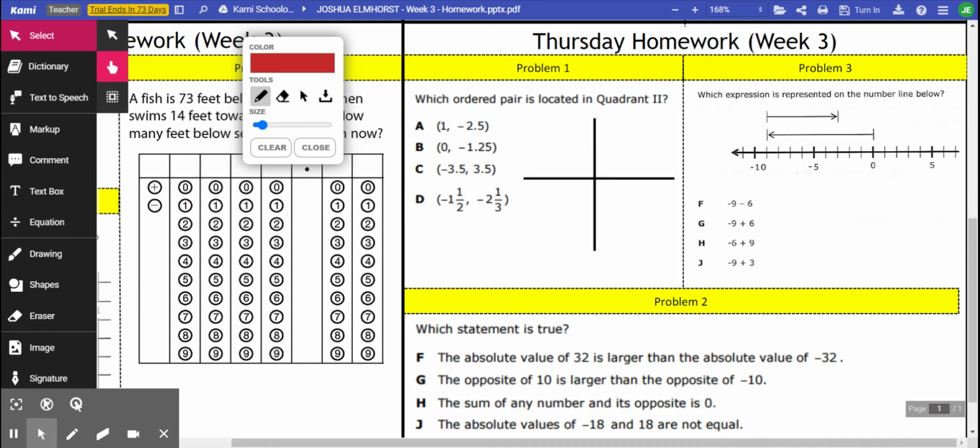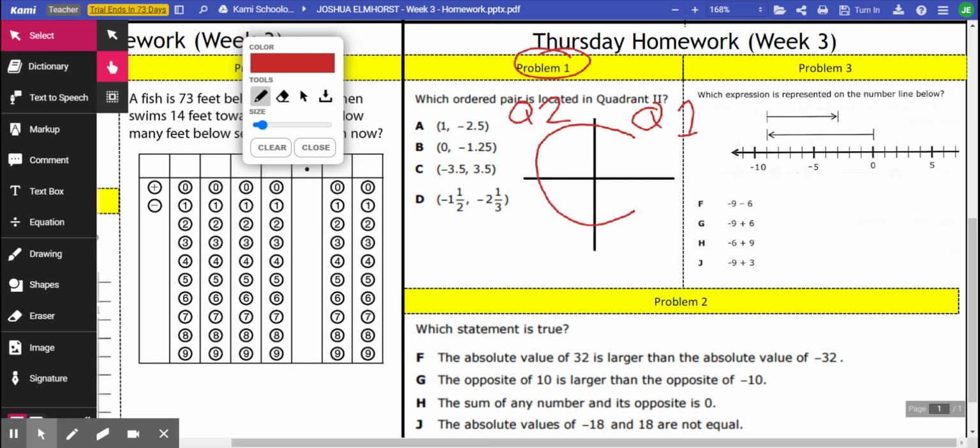Okay, and finishing up the last day of homework for the week, Thursday, which ordered pair is located in quadrant 2? So we're looking at problem 1. We start with quadrant 1, Q1, Q2, going to the left. We're going to go in a C pattern for the coordinate plane, quadrant 3 and quadrant 4.